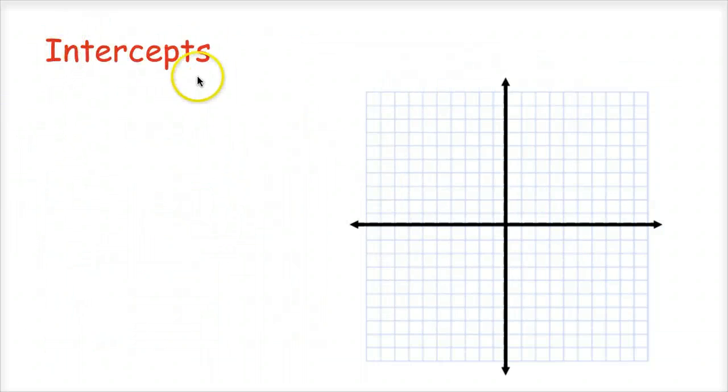When we talk about graphs, sometimes what we'd like to do is identify the intercepts. The intercepts are where the graph crosses the x or y axis.